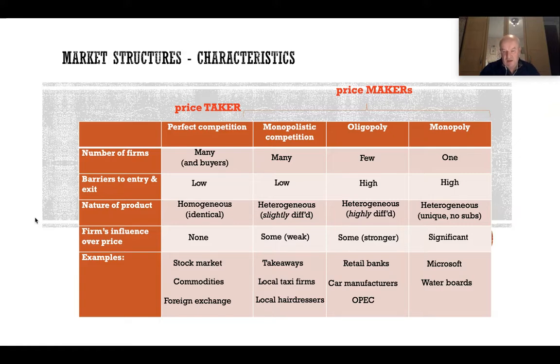But within one specific area, each water board has an exclusive area that it covers, and so effectively it has a monopoly in that area. They are the only people providing water and sewage services, for instance, in that area. Another example could be Network Rail, who are responsible for looking after all of the rail network across the country. So some examples there of market structures and market characteristics.